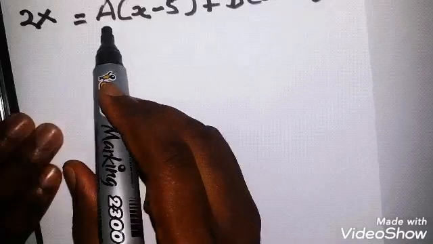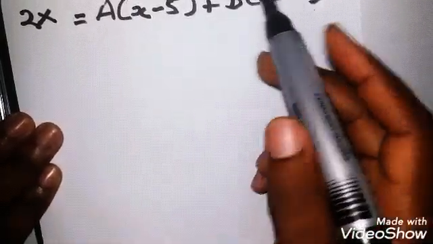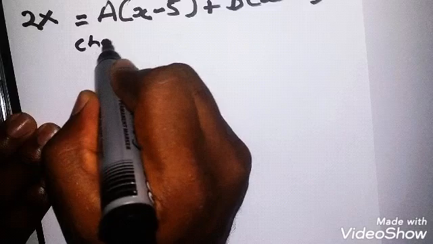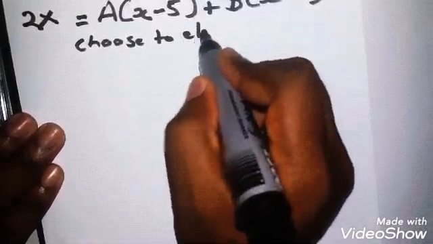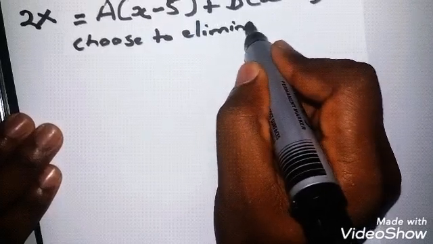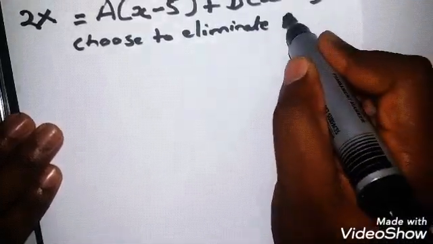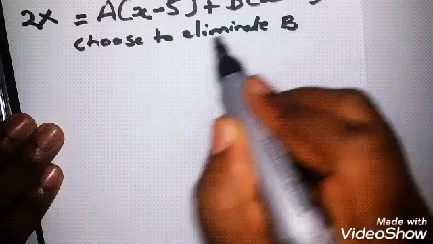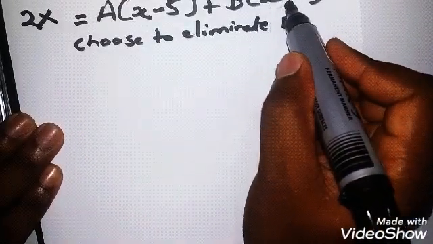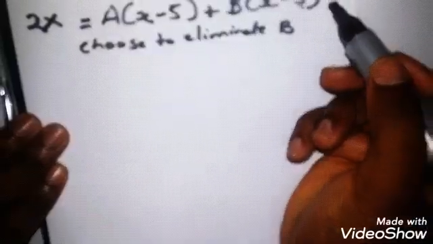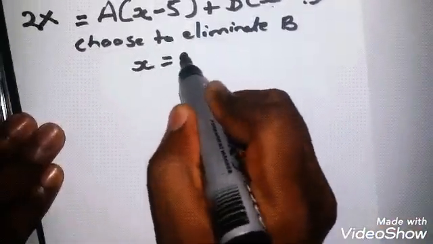To get our value for A, now we have to eliminate B. So we choose to eliminate B. When choosing to eliminate B, x will have to be 3, because 3 minus 3 here will give 0. So we'll take x to be 3.